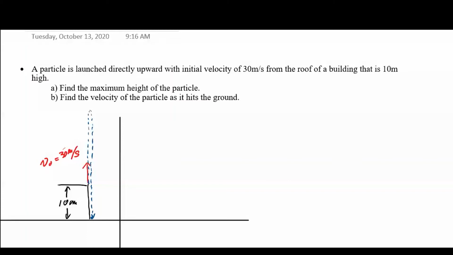Okay, now I'm going to graph that out in time versus height. When we graph it out, we start with some kind of original height, the y-intercept.